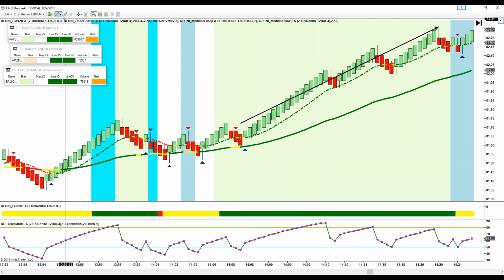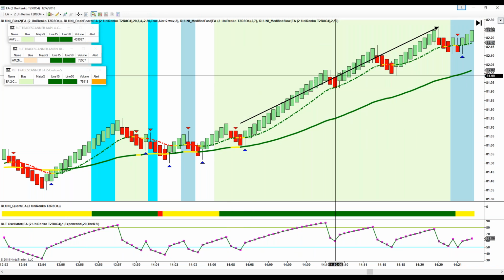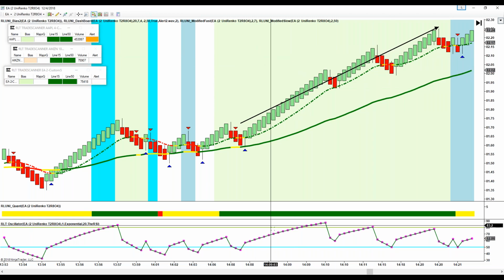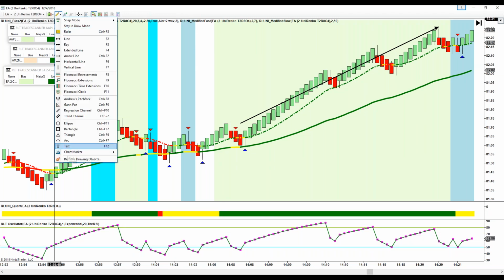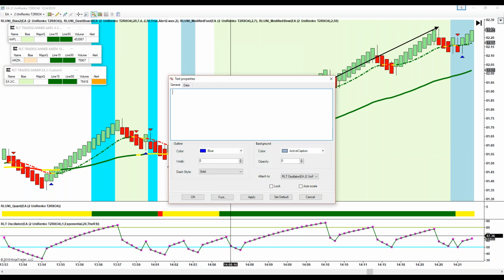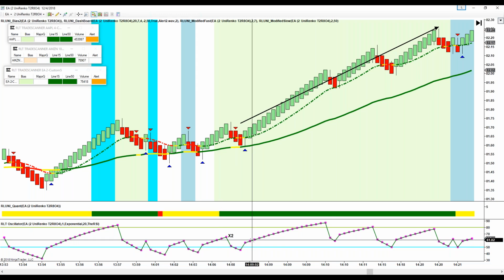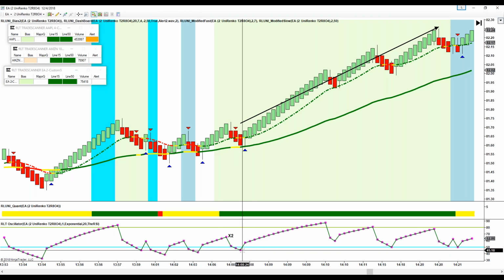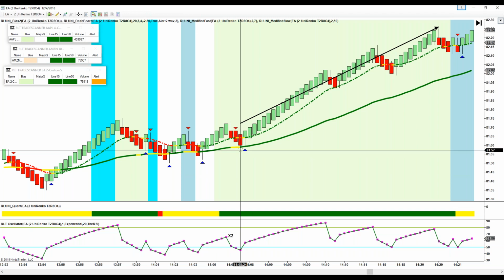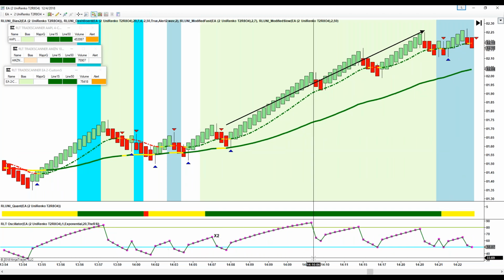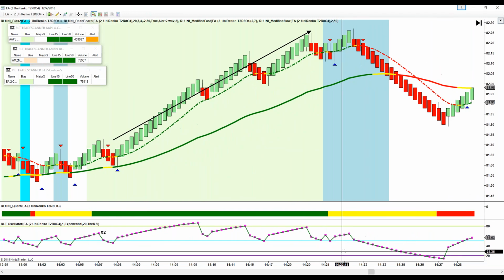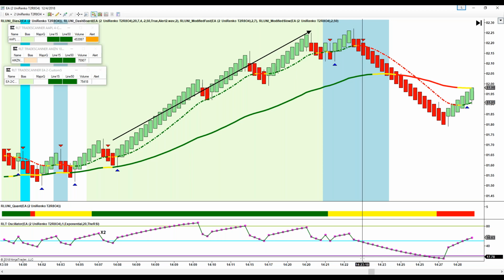Now the oscillator, because price on a Renko chart moves in a geometric fashion, moves very fast. This is an exponential oscillator. So what it does is it takes the oscillator formula and raises it to the second power. So it's very fast. Every time it crosses the magenta line to the upside, you're going to get an up triangle. And every time it crosses the magenta line to the downside, you're going to get a down triangle.